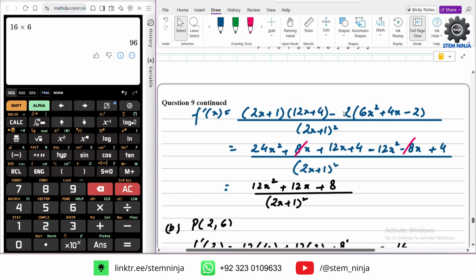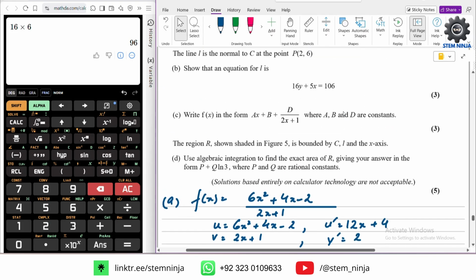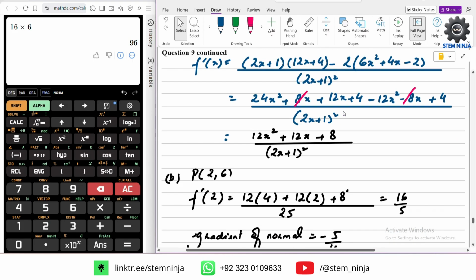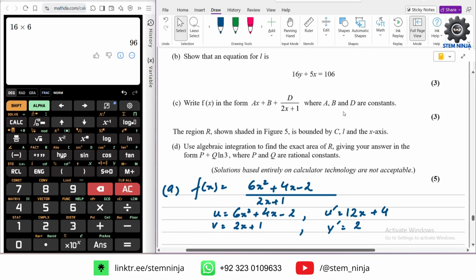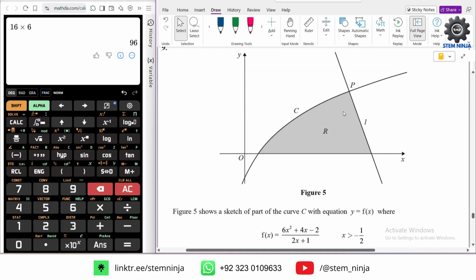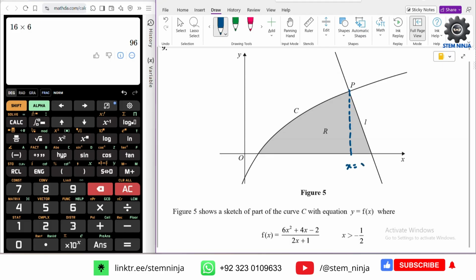Right, now what do we need to do? That was the C part. Okay, alright. The region R, shown shaded in figure 5, is bounded by C, L, and the x axis. Use algebraic integration to find the exact area of R, giving your answer in the form P plus Q ln 3. Okay, so you see this is at x equal to 2.